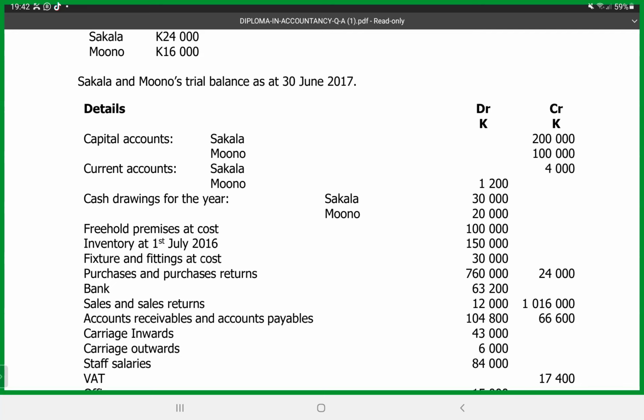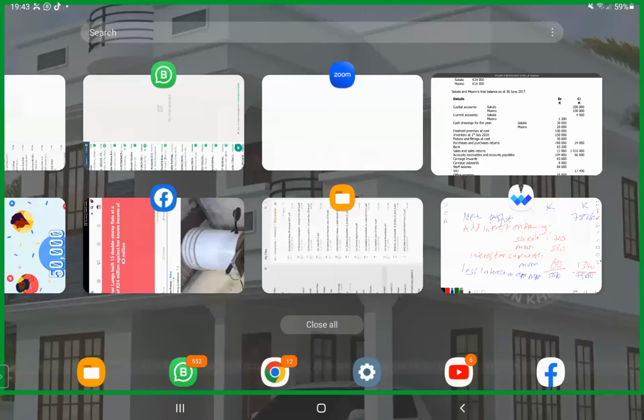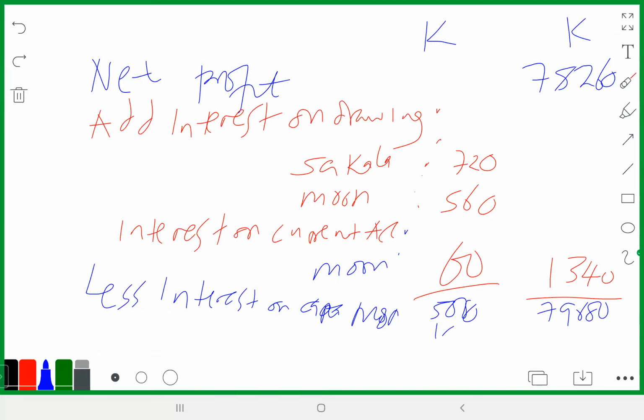That's the interest on capital account. So it's 200,000 times the 5% that has been given. That should give us 10,000.